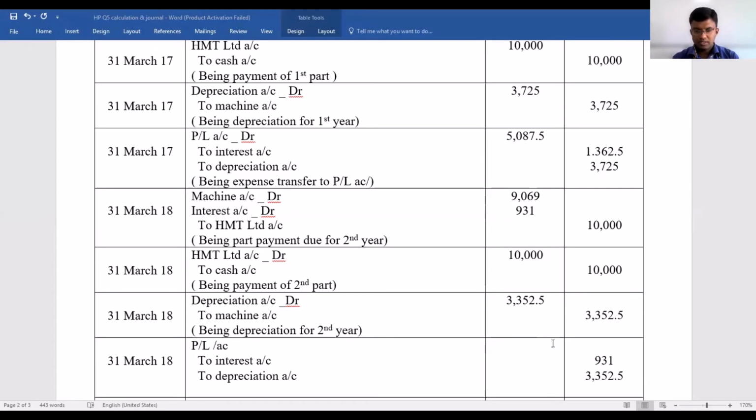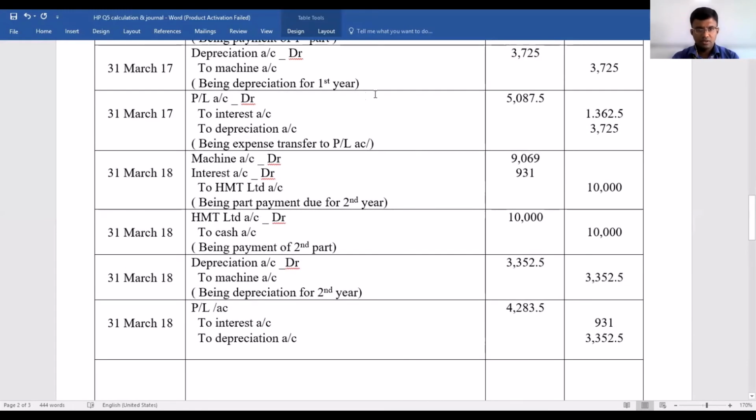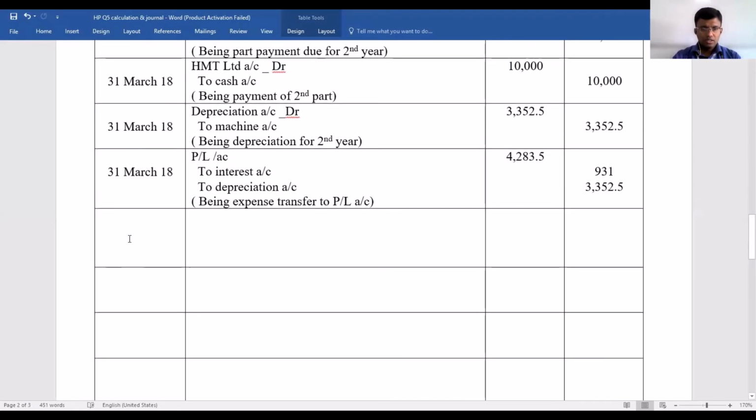So the total expenses that you will have to be transferring is 4,283.5. So this we have transferred. So we have transferred all the expenses for second year to the profit and loss account.